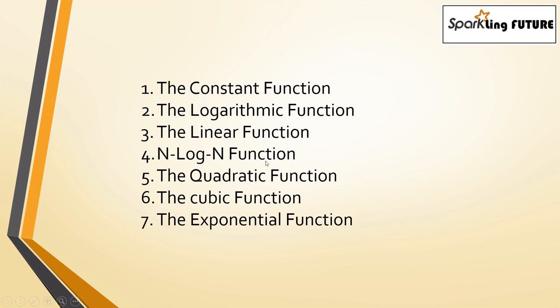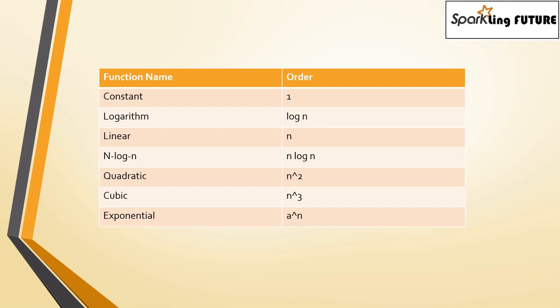So these are the functions used for identifying the complexities while analyzing the algorithms, okay? Now just to be precise, for the constant the order is 1, for the logarithm we use log of n, for the linear we use n, for n log n we use n log n. The right side is the order, and the quadratic is n square, cubic is n cube, and exponential is a power n.